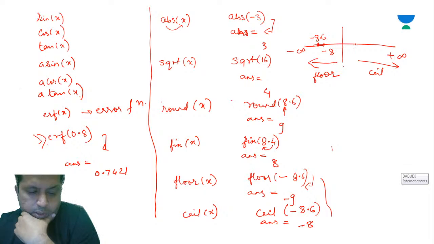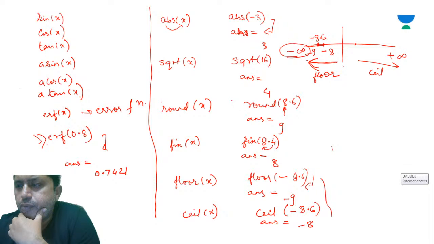This is when I am using the floor function. When I am using the floor function, this will be minus 9. The floor function goes towards negative infinity.